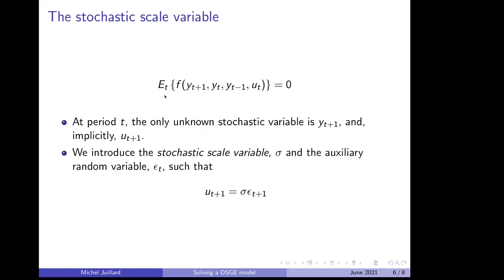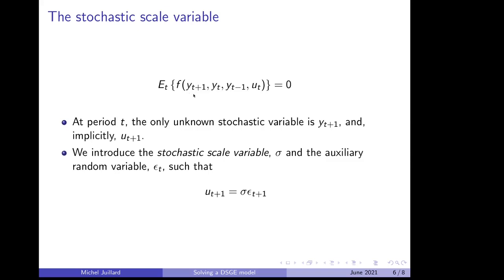Given what I just said about the information set used by conditional expectation at period t, ut is known, yt minus 1 is known. And if yt is a deterministic function of yt minus 1 and ut, once we know the function, yt will also be deterministic given the information set.